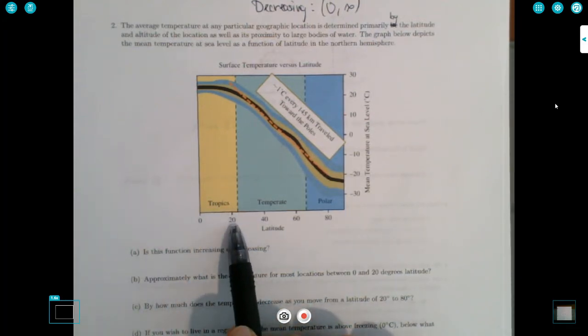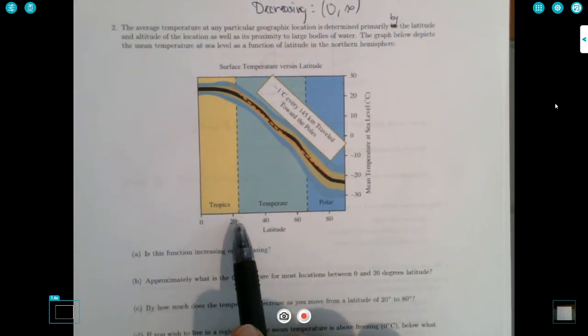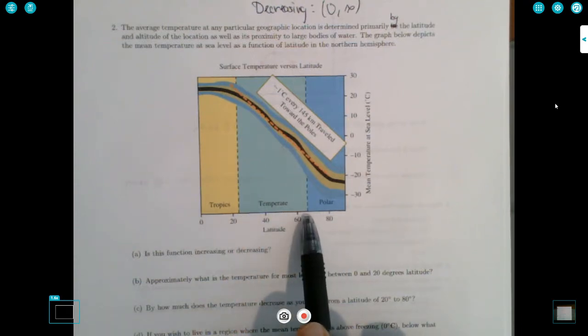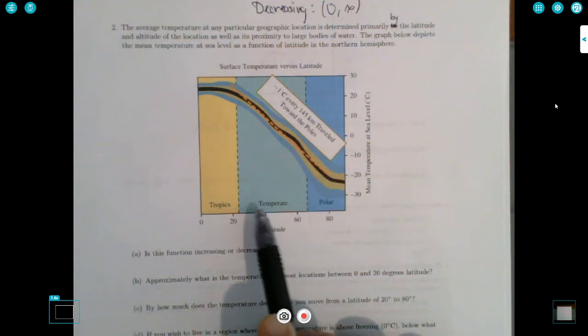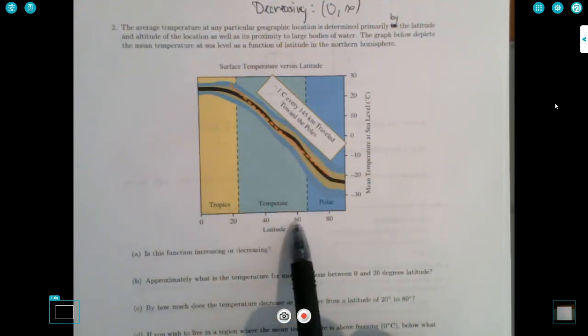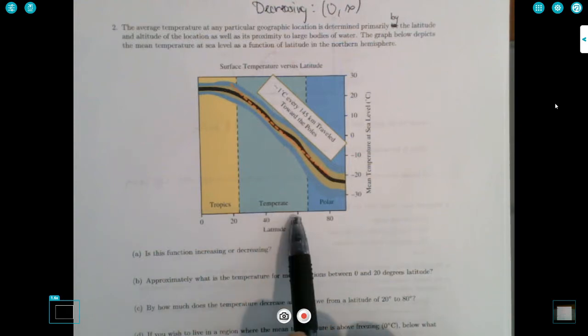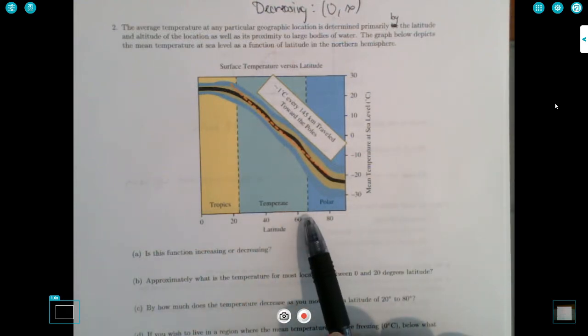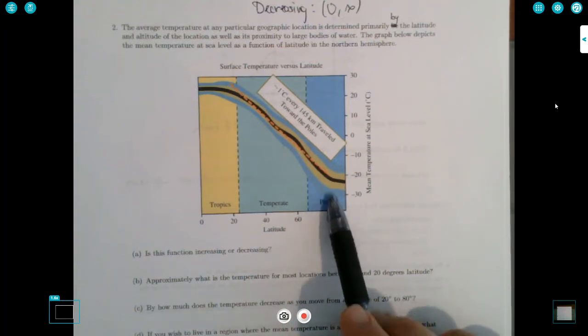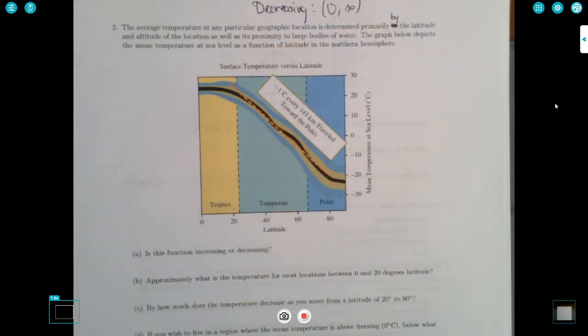A little more than 20, I don't remember, like 22 or something. But if you're between that and 62, 63-ish, then you're in the temperate zone. So this would be degrees of latitude above the equator, right? And then if you're above that 63 degrees or so, then you're in the polar regions, right?